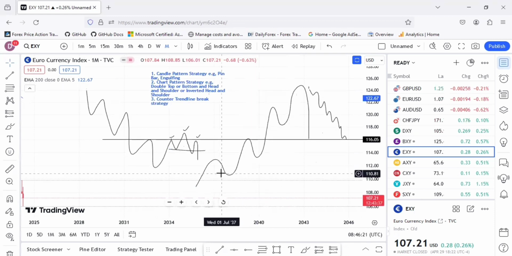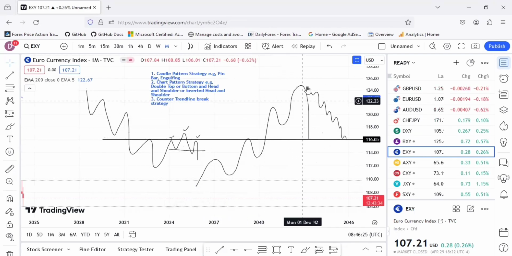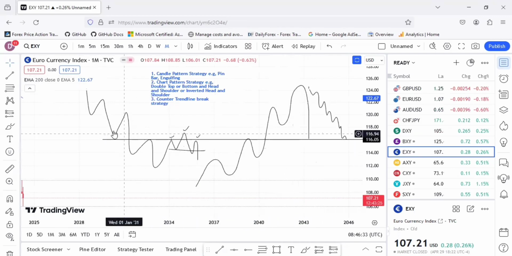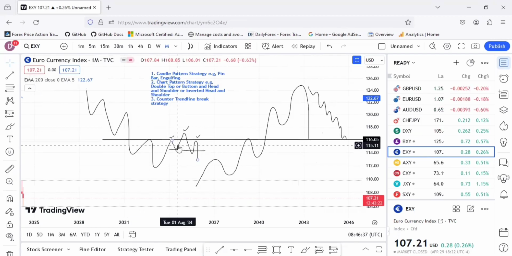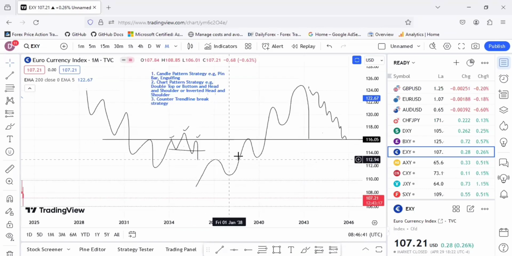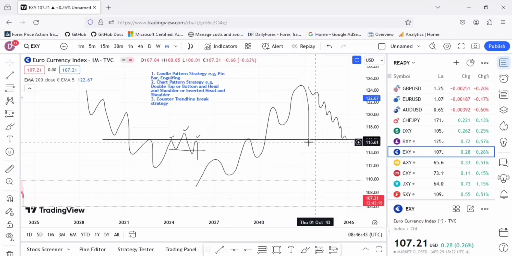Then in an uptrend, I have this going up, going up, going up. Then after a retracement, at my location here or at this point of entry, I'll be looking for, so in the downtrend, you'll be looking for double top and double bottom. Then in an uptrend, you'll be looking for inverse head and shoulder or double bottom.